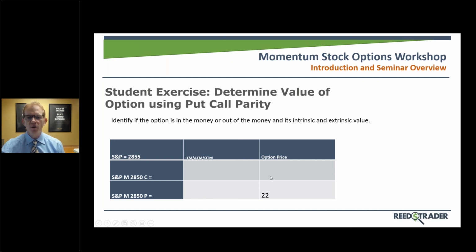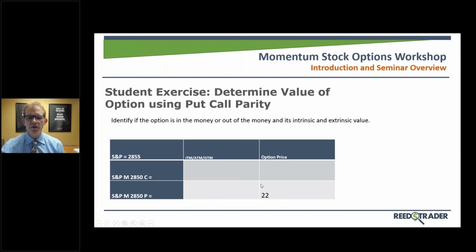And then we're going to use the formula to figure it out. The 2850 call is in the money because the strike price is less than the underlying. So it's 5 points in the money. That's the intrinsic value. And so the put is out of the money.